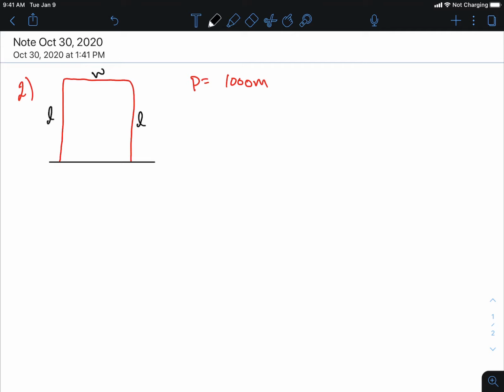So it's the exact same question now, with the exception that the perimeter equation is no longer 2L plus 2W because I don't have 4 sides, I only have 3. So I have 2 lengths plus 1W, but that is equal to 1,000.